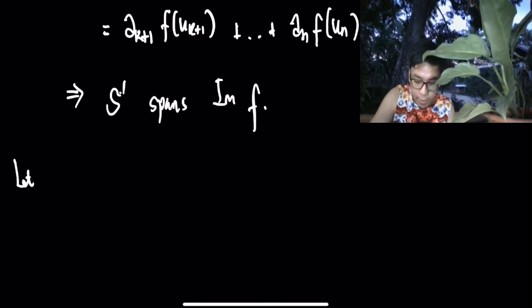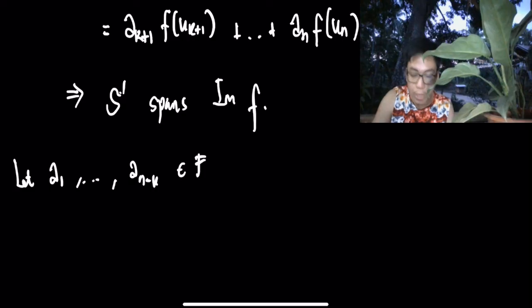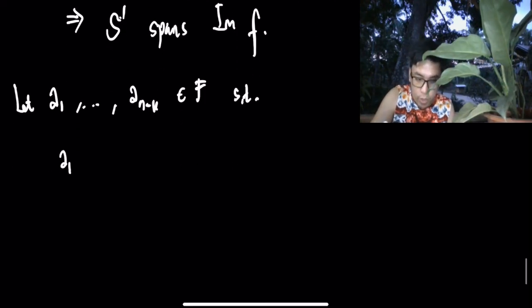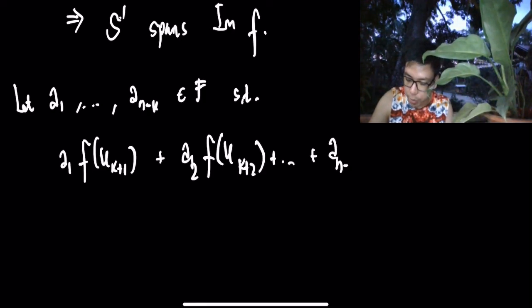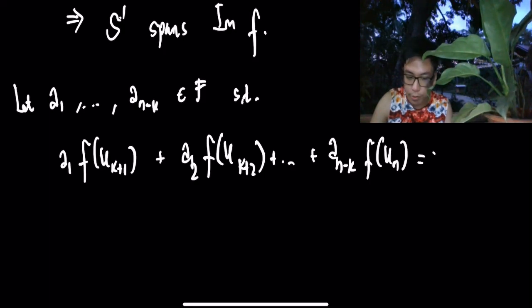So let A1 up until AN minus K be in F. So these are scalars such that A1 F of UK plus 1 plus A2 F of UK plus 2 up until AN minus K of F of UN equals 0.